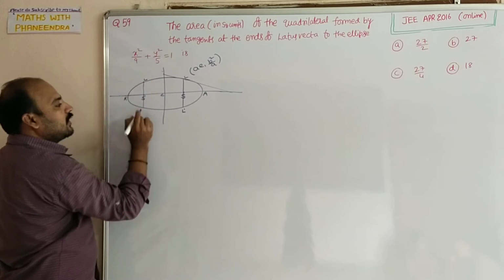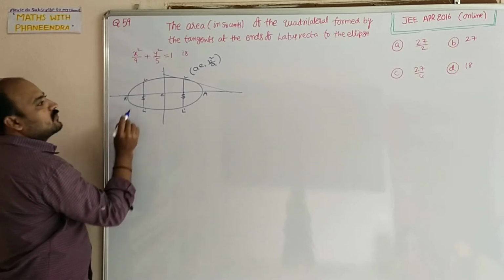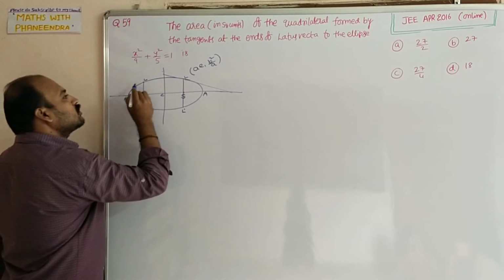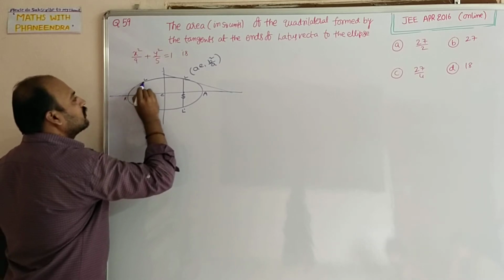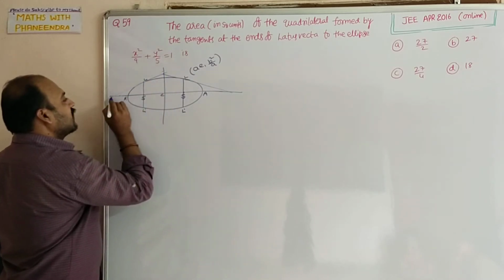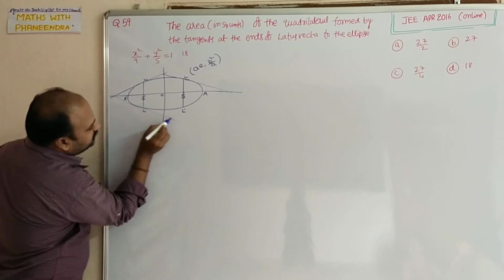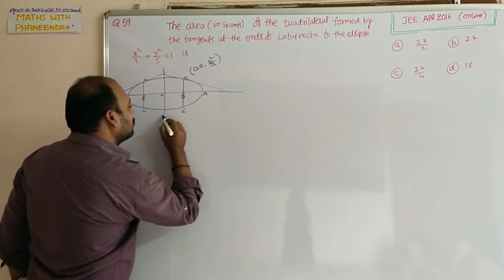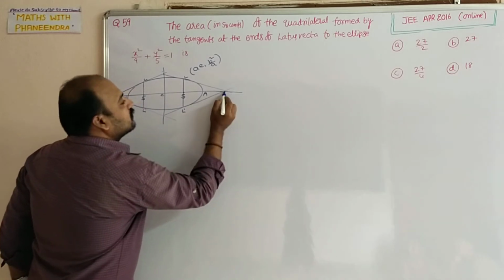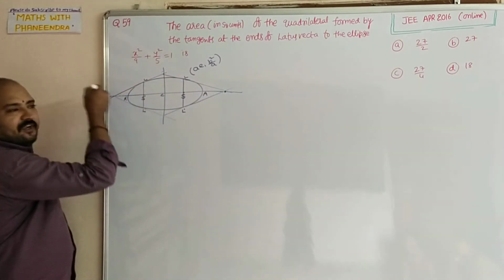This is L1 you can take, L1 dash you can take. This is also latus rectum. At this also tangent you have to draw, and which meets like this. And from here, and from here. So this is a quadrilateral, we got it.